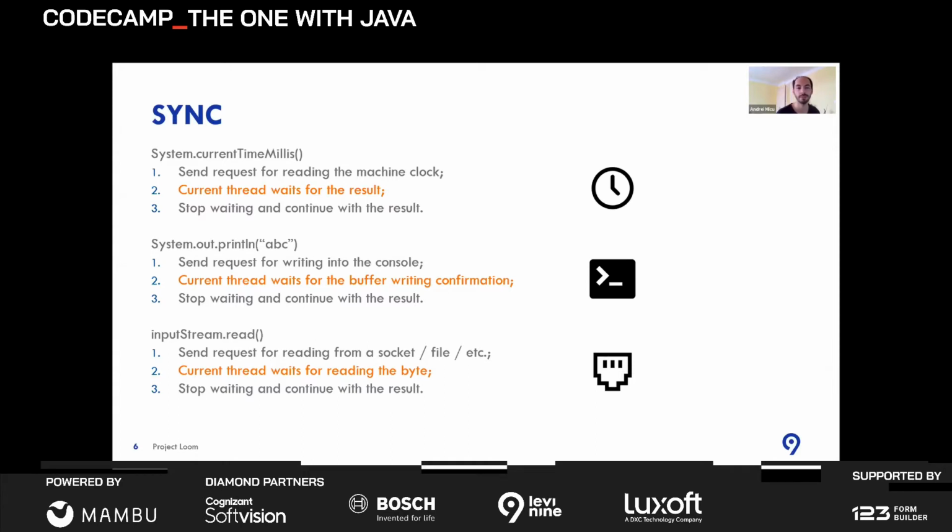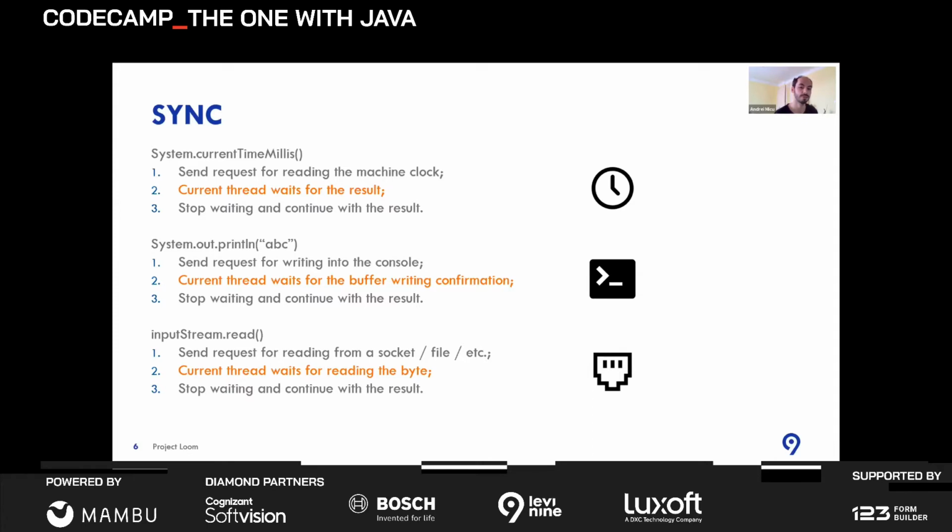And this problem appeared pretty soon, because let's think about Java. Here in the platform, you can do all sorts of things that block the current thread. First, it's asking for the time. Current time milliseconds is gonna wait for the result of the clock, the machine clock. And then when you print something, you would say that it's instantaneous, but it's not really instantaneous. The thread waits for the buffer to write, for the writing confirmation.